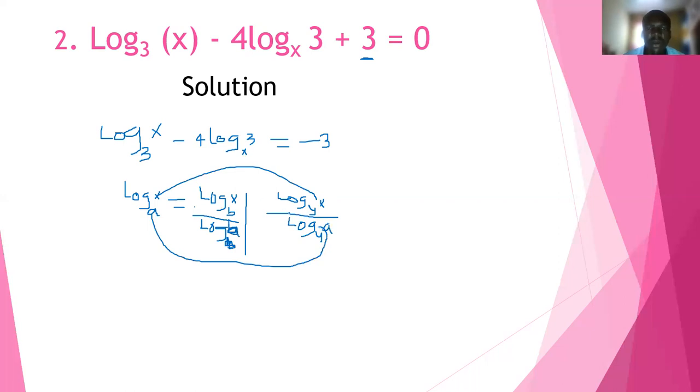So it will be log x base y over log a base y. So that is what this log is the same as this log here. So now let's change this one now.